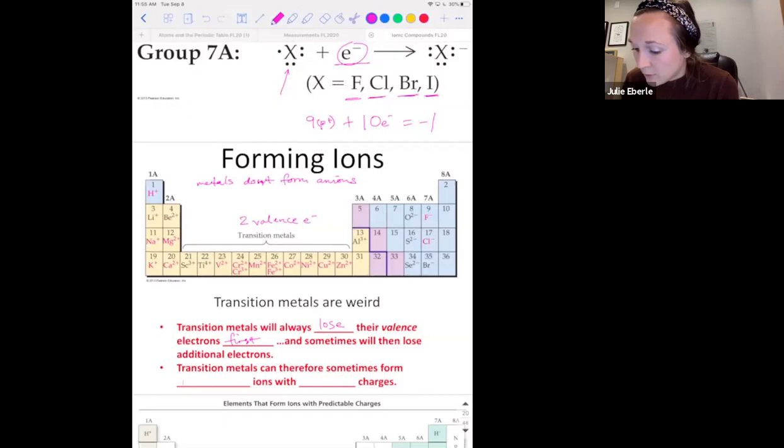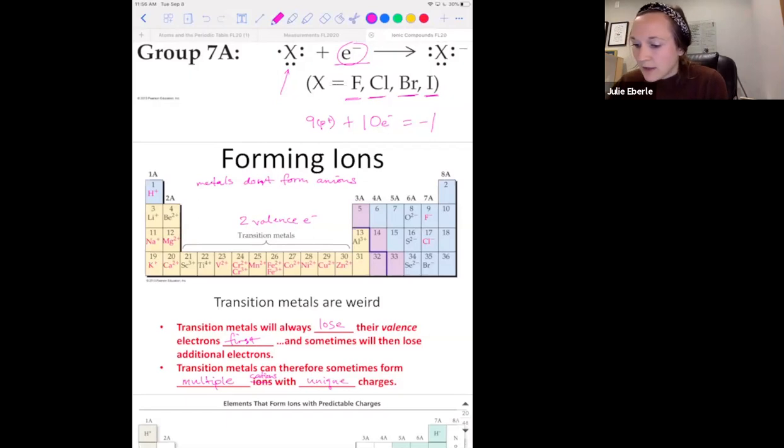Which means sometimes they form multiple cations with unique charges. So that's your transition metals.